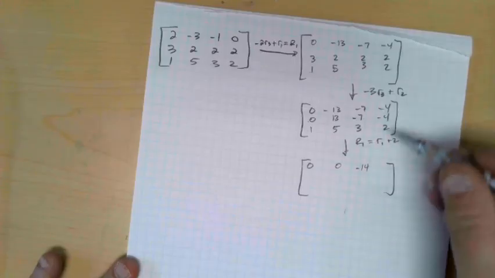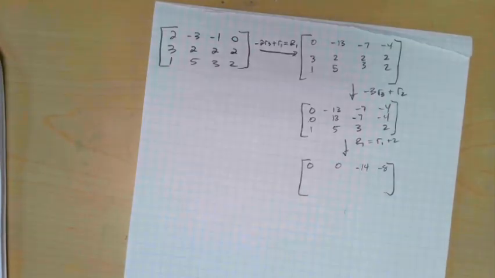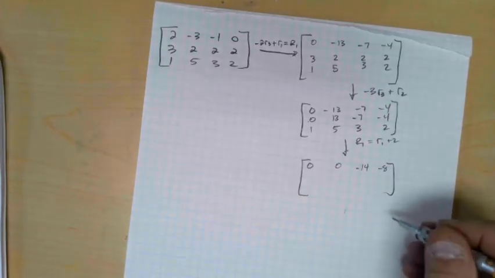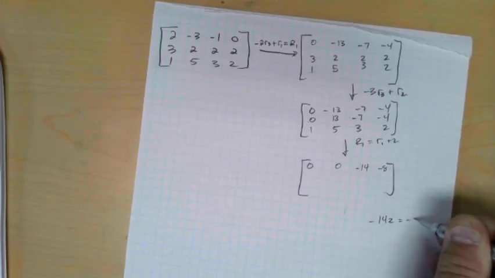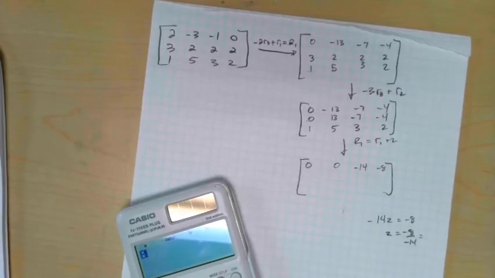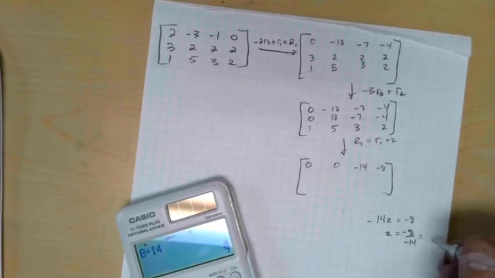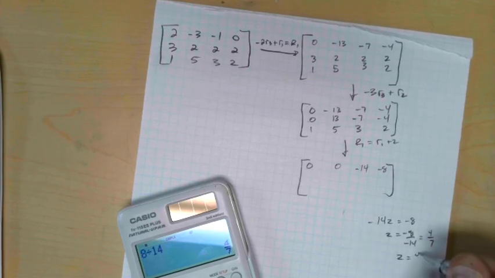And -4 plus a -4 is -8. Now, the reason I don't like that is because all of a sudden I've got -14z equals -8. So z is equal to -8 over -14, which is 8/14, which reduces to 4/7. Okay, so z is 4/7.